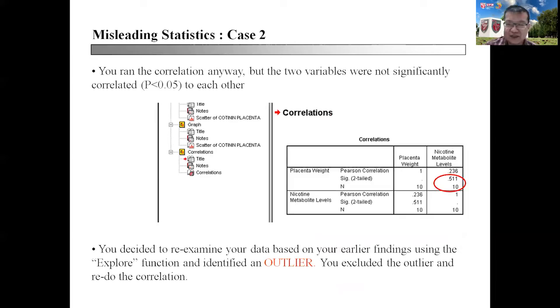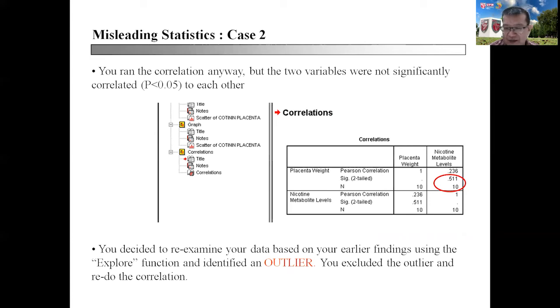Remember, our assumption is that higher cotinine will correlate positively with placenta weight, because higher cotinine inhibits oxygen transport, and therefore the placenta has to become thicker to accommodate more blood flow to transport more oxygen to the babies.